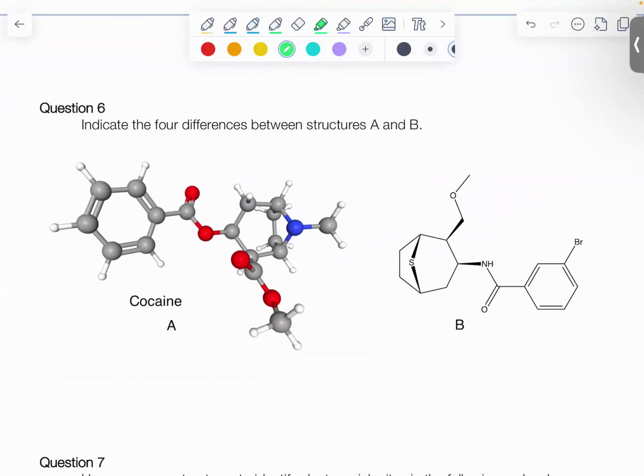Who feels like they can confidently find at least one of these differences and wants to come do it on the iPad? No one? Yes? Are you gonna do one or more than one?